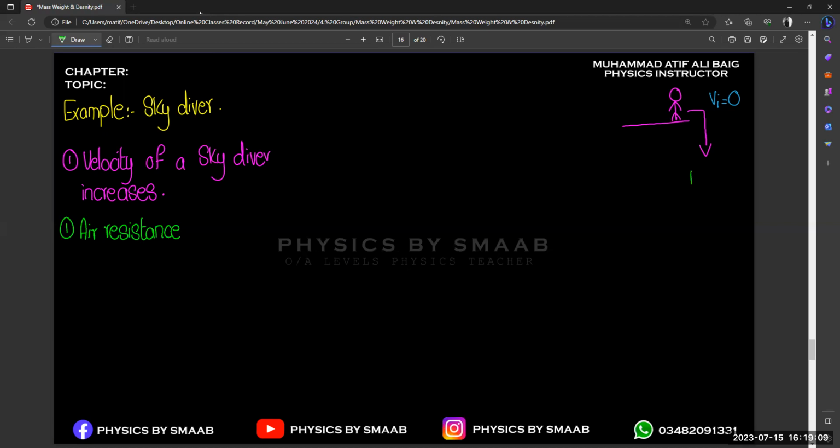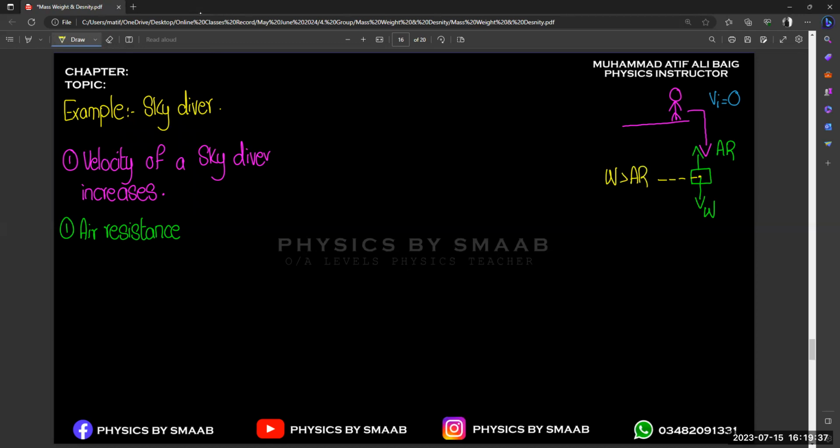At this specific point, the weight of the object is acting downward and the friction, that is air resistance, is acting in the upward direction. So at this particular point, we can say that the weight of the object is greater than air resistance, right?